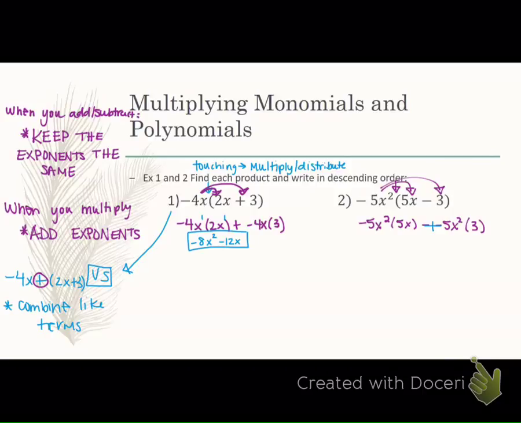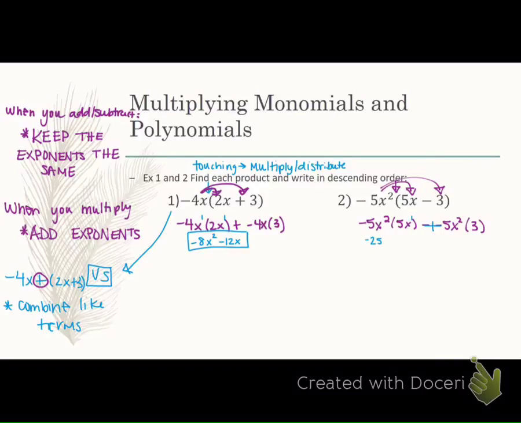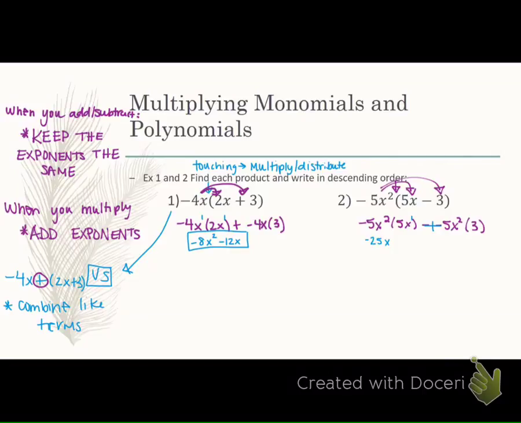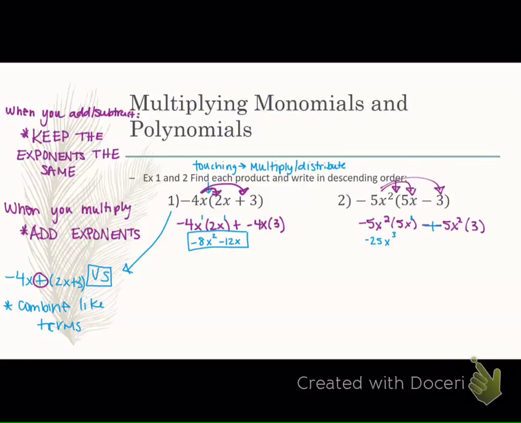Okay, Justin Powers. Negative 5 times 5 is... And x squared times x to the first is x to the... Yep. When you do x squared times x, that is x to the... Nope, because it has a 1 here. Third. 2 plus 1 is 3.